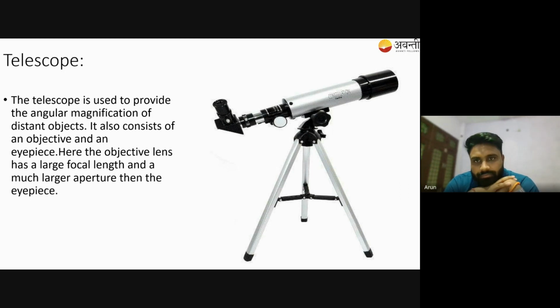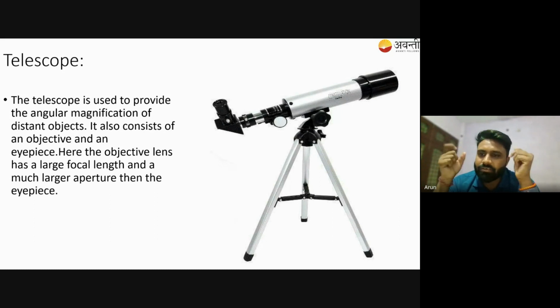So the telescope first creates a diminished image of it, and when we observe it, it magnifies that diminished image for better understanding.